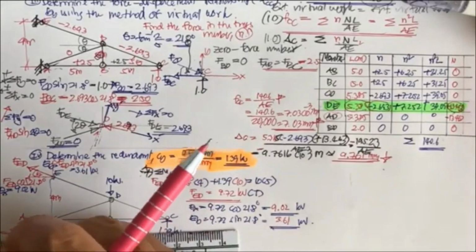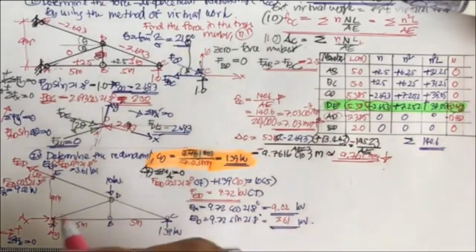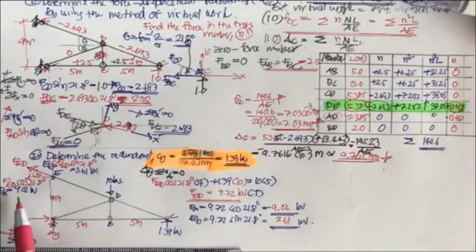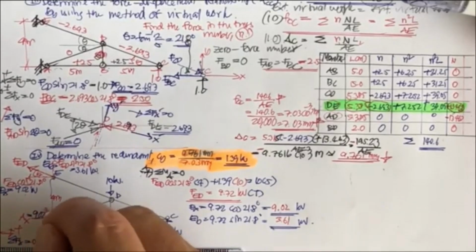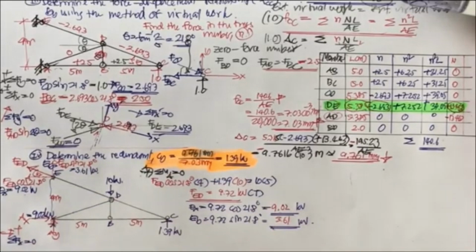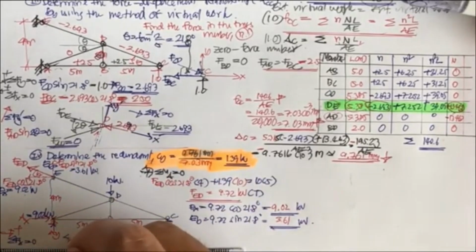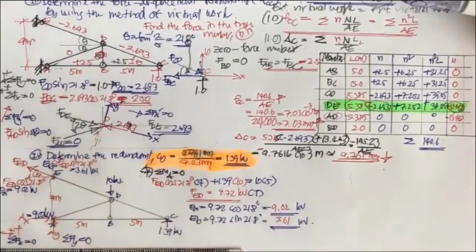And if you put this one is plus, your A sub x equal to 9.02 kilonewton. Then you do the summation of F sub y equal to 0.